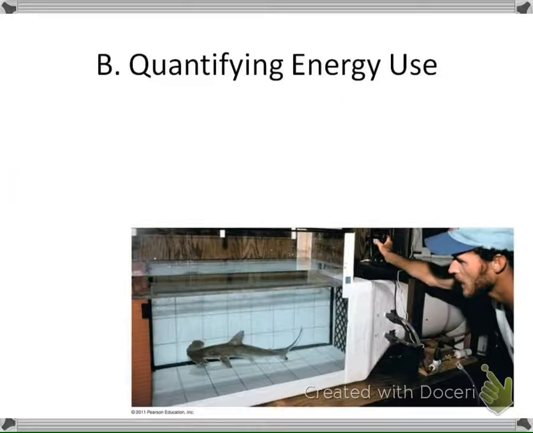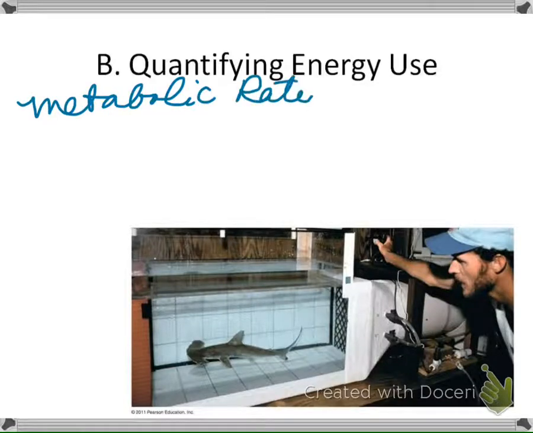Quantifying energy use. Your metabolic rate is the amount of energy an animal uses in a unit of time.